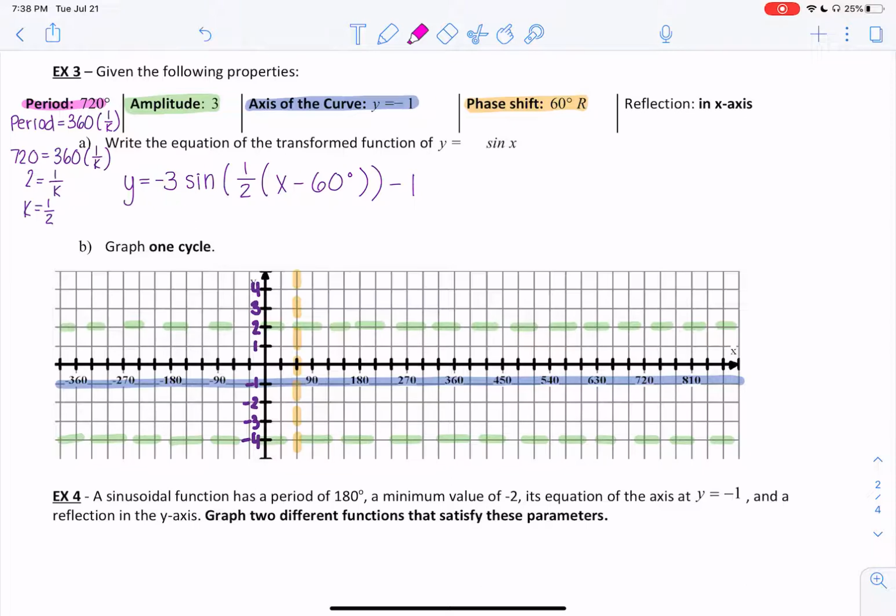So we should end at 780. So it'll be right here.